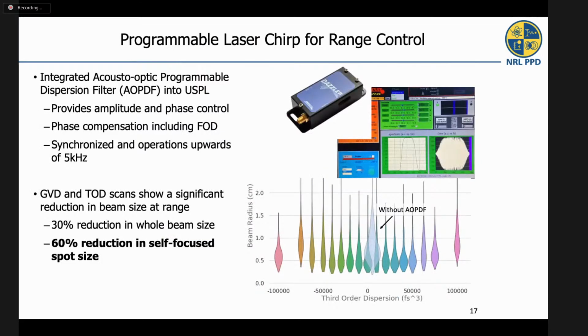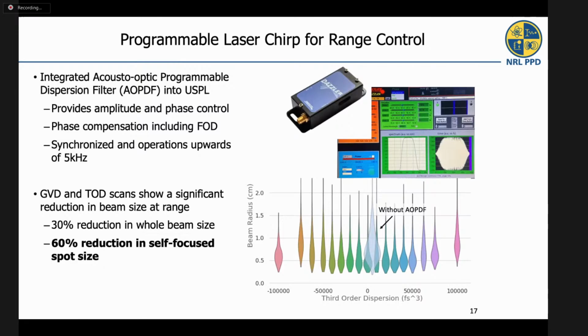We actually acquired a Dazzler from Fastlite. This is an acousto-optic programmable dispersion filter that allows us to arbitrarily apply higher order phase and amplitude to the pulse, up to fifth order dispersion. And it's synchronized all the way up to 5 kilohertz. So every single pulse is going to have this higher order phase tailoring applied to it.